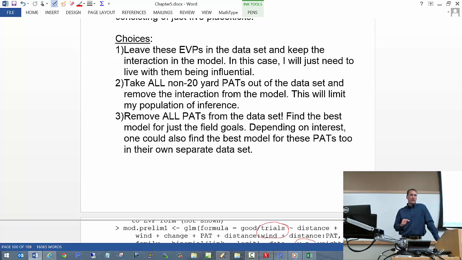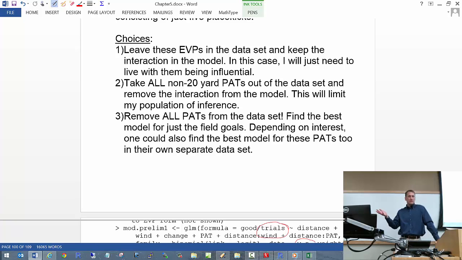I did that, and I got very large residuals, indicating the model was poorly fitting those observations. So that indicates that if I want to have 119 and 120 in my data set, I need that interaction in there.